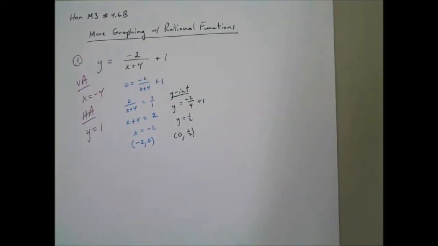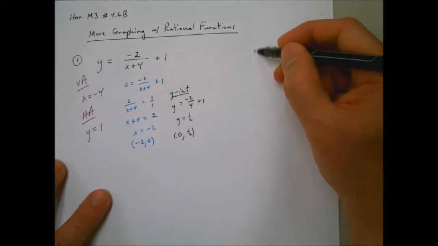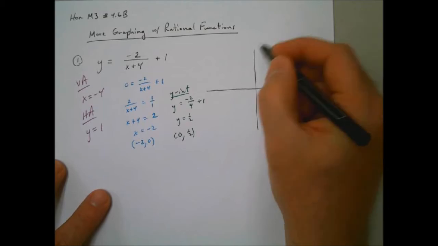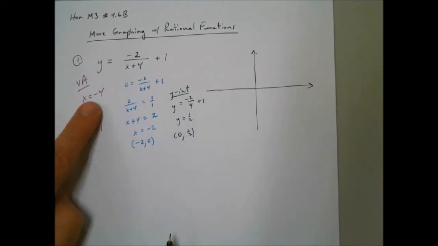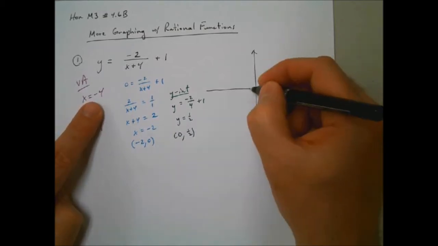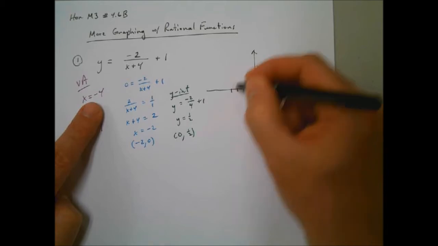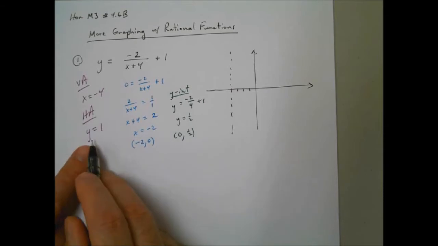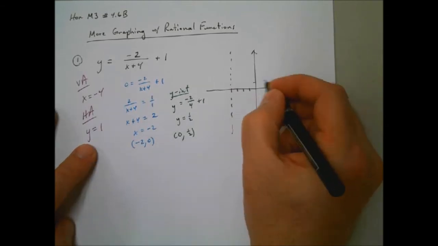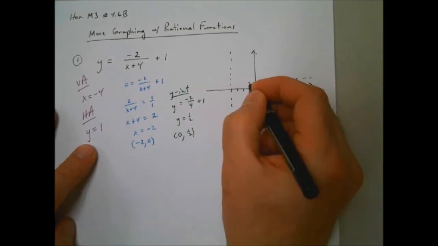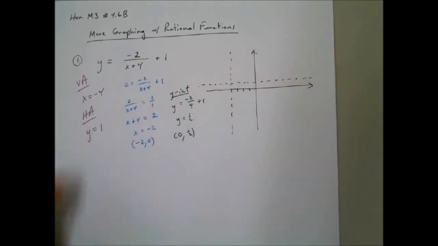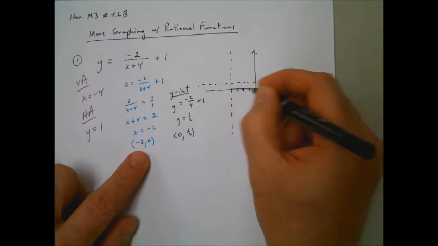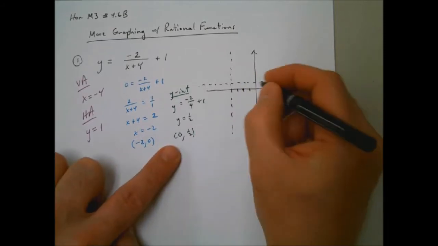Okay, well now we can go ahead and sketch the graph. x equals -4. y equals 1, horizontal asymptote. We've got -2, 0, and 0, 1/2.